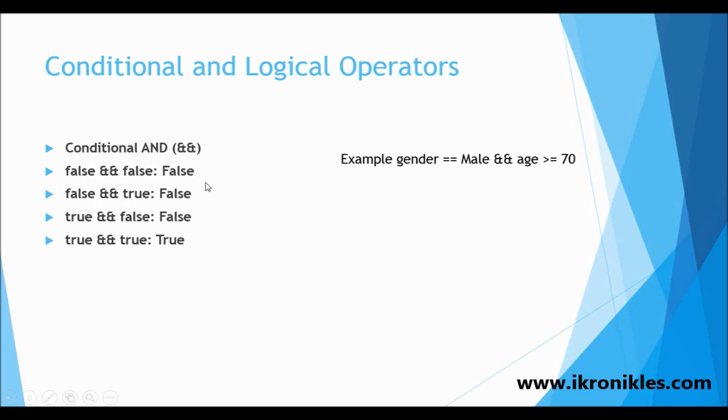Also, if the gender is male and the age is less than 70, it will still be false. The code will not execute until gender equals male and age is greater than or equal to 70. If you want the code to run in such problems, you will need to use the AND operator.